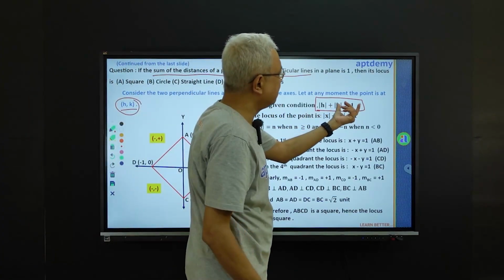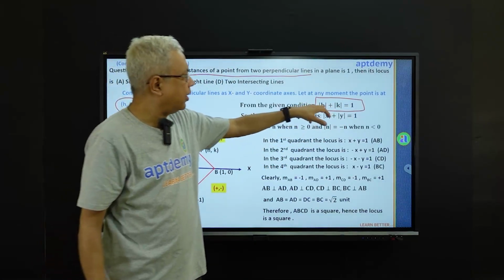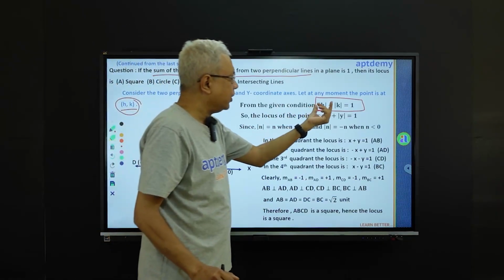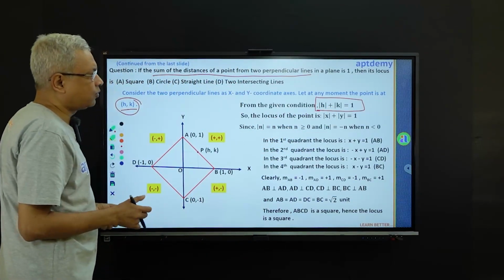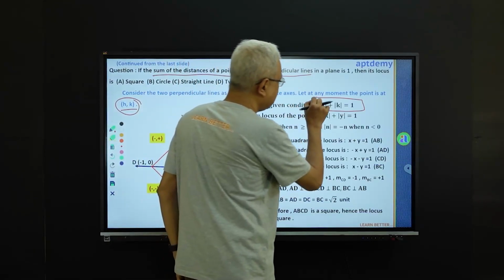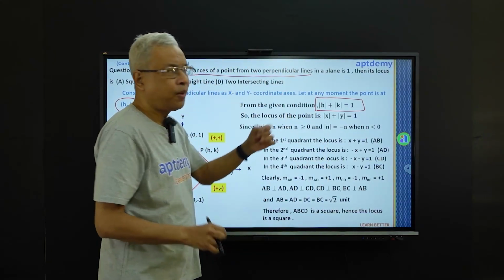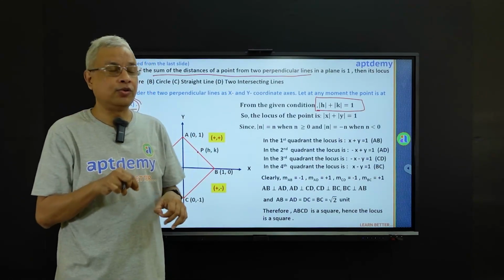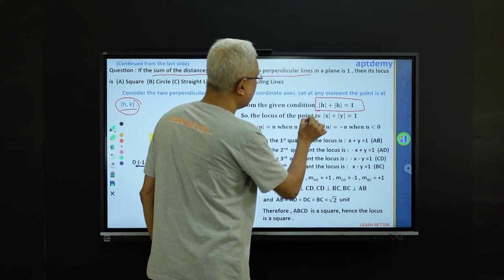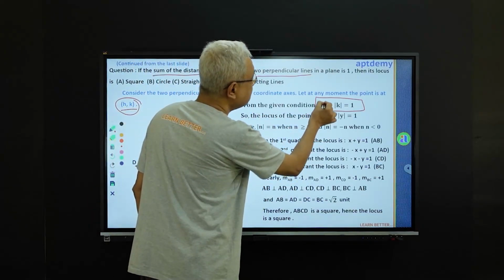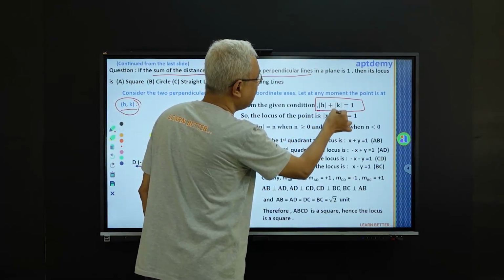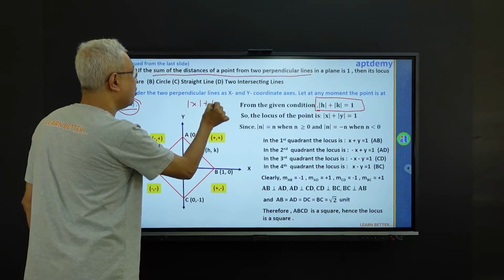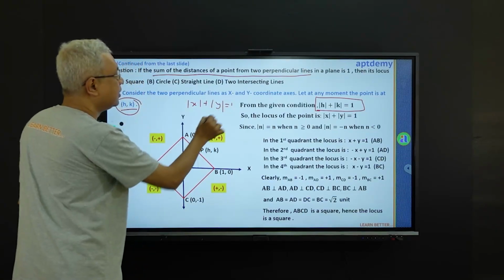Now this is the condition of movement of the point in this plane, and in this locus problem, you know, the equation of the locus is satisfied by all the coordinates of the points on the locus. Therefore the equation of the locus of the point is, replace h by x and replace k by y, so it is mod x plus mod y equal to 1.